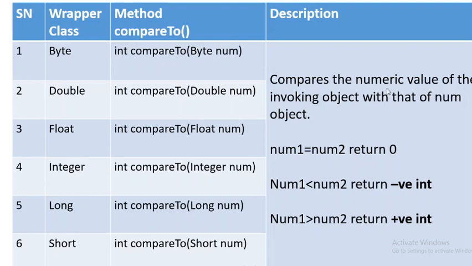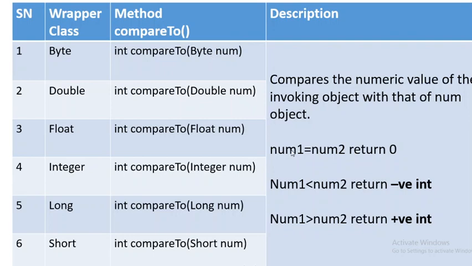So it compares the numeric value of the invoking object with that of the num object. Invoking object means the object which is responsible for calling this compareTo method. So that invoking object is compared with the argument object, that is the num object.